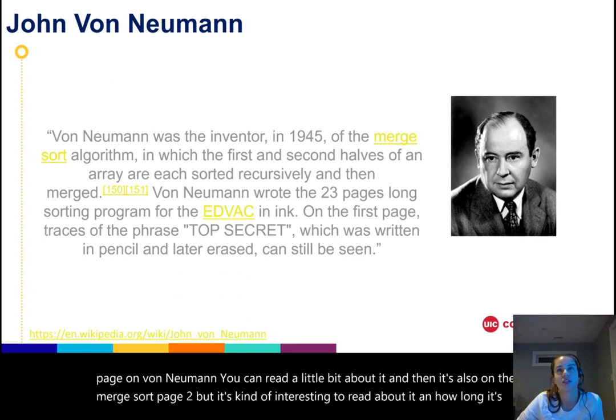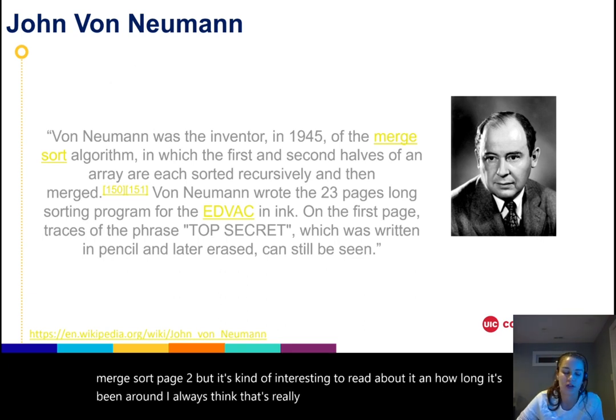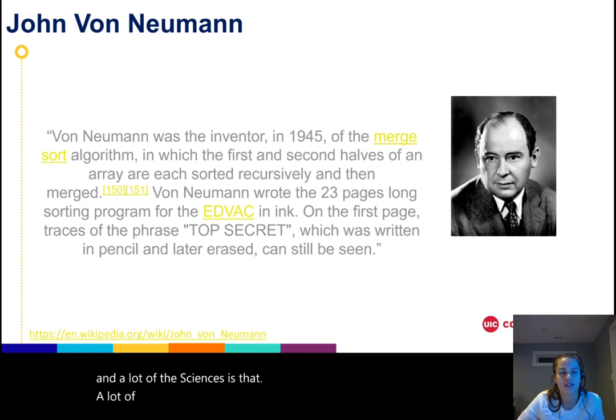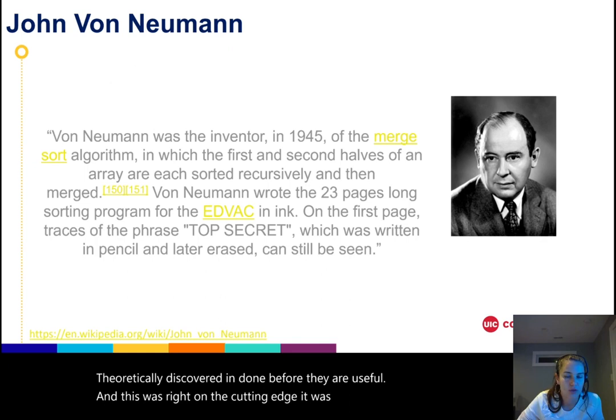I always think that's really interesting if you think about computer science, or you actually can see the same thing in math and physics and a lot of the sciences, is that a lot of times things are theoretically discovered and done before they're useful. And like this was right on the cutting edge. It was right when computers would even be able to do this.